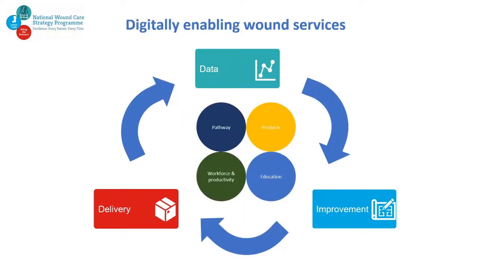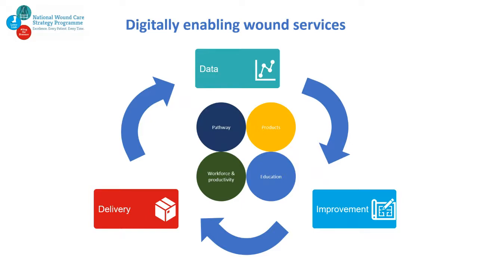So what does all that look like really? What we're trying to do is fundamentally set out an improvement approach. So something that is continually and in a sustained way taking data, looking at it, making sure that improvements can be observed and spotted, that those improvements can be put into operational practice and clinical delivery, which in turn generates more data that helps us inform what the next step of improvement will be.